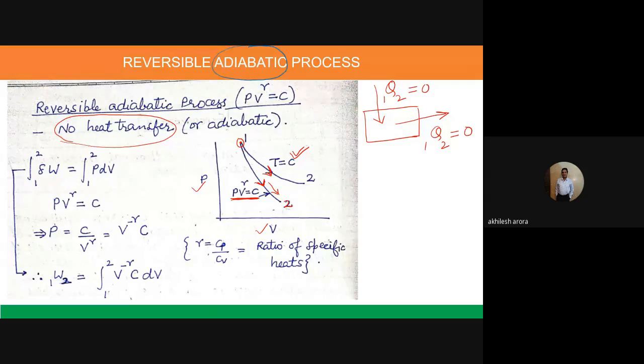Now we have to calculate the value of delta W is equal to PdV. We have to calculate the work transfer which is given by this particular equation, PdV.